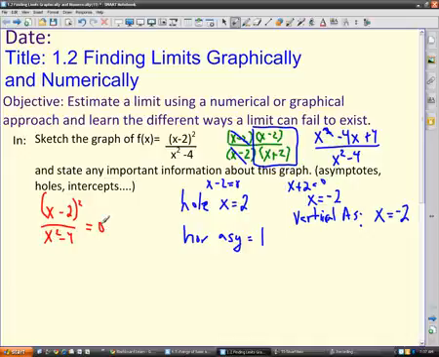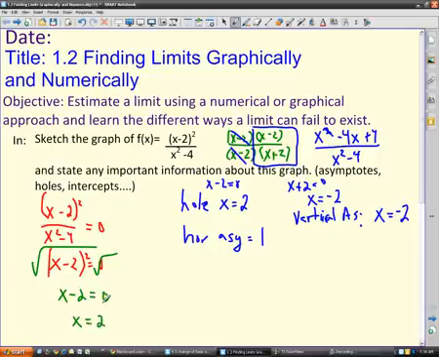So I really have x minus 2 squared equals 0, and then if I square root both sides, I end up with just x minus 2 equals 0. So at x equals 2, I'll be crossing the x-axis. So this is the x-intercept. That's really what we're looking for there.